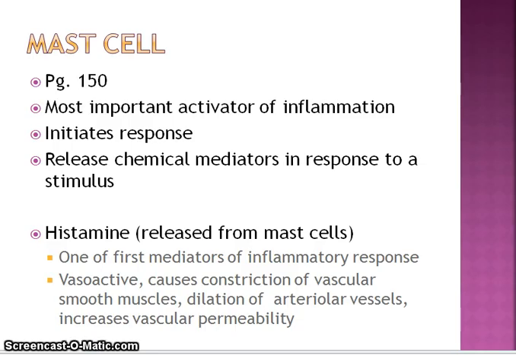So permeability means how easily things go in and out of a vessel or a cell, or how leaky essentially the membrane is on the outer edge. So when histamine acts on blood vessels, it makes them more permeable, which means more leaky, so it's easier for blood and fluids to seep out of them and into tissues.